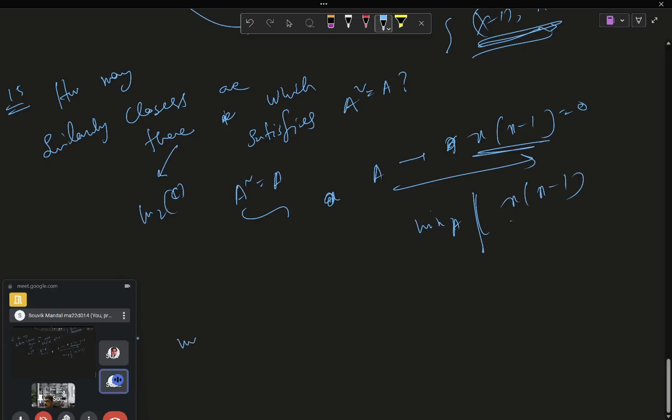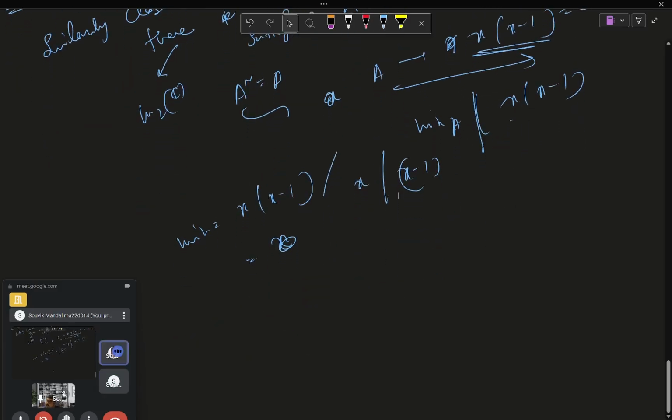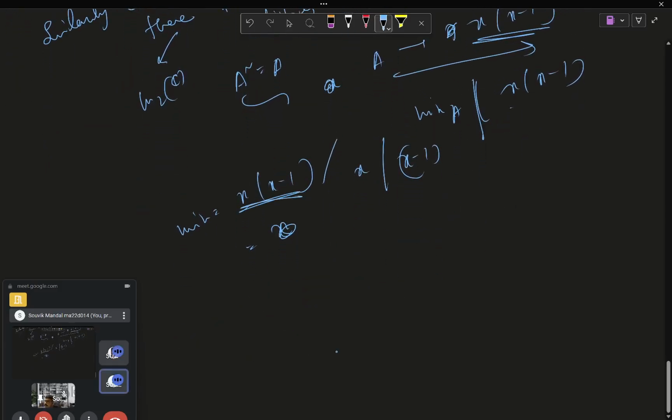So the minimal polynomial can be the whole x into x minus 1, or the minimal polynomial can be only x, or the minimal polynomial can be only x minus 1, correct? Now, if the minimal polynomial is x into x minus 1, what is the list of invariant factors?